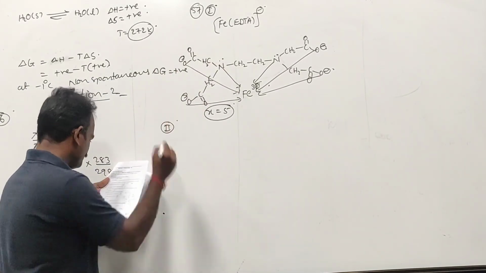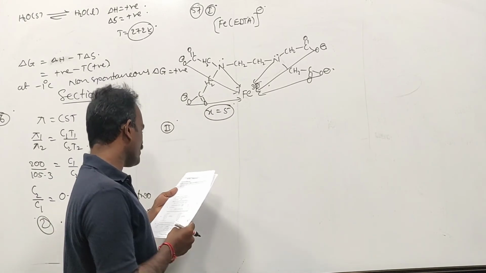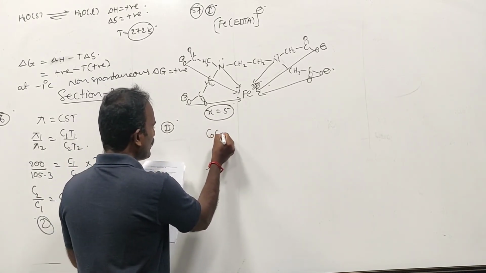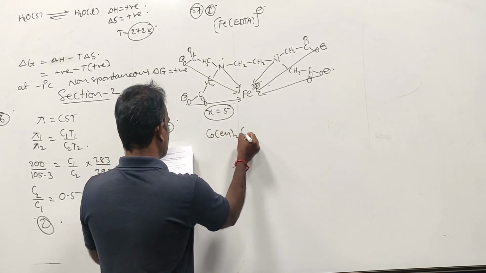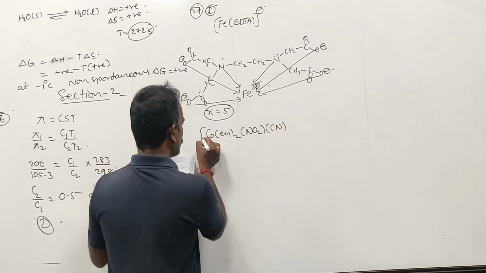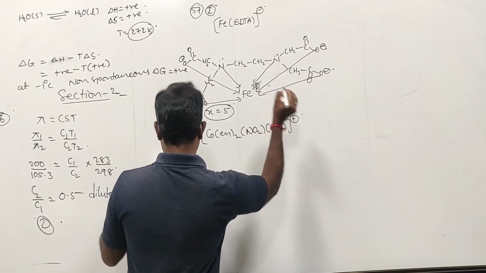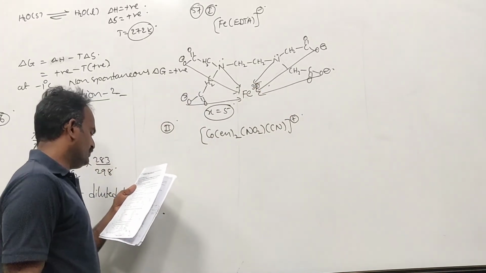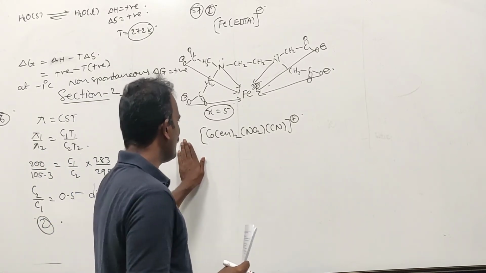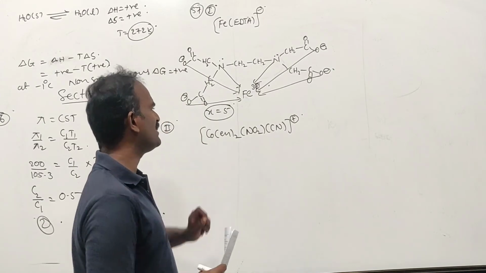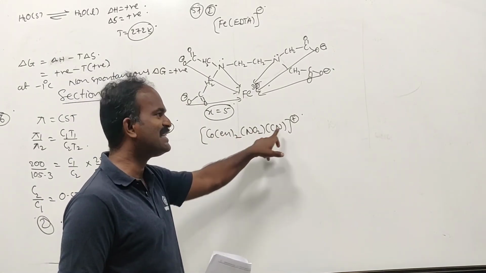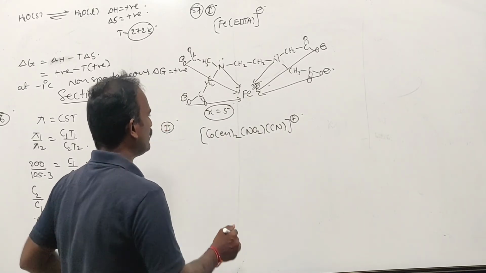Next, second one. Let the total number of isomers exhibited by the complex ion Co(en)2(NO2)Cl plus be Y. How many isomers are going to be possible for this? Now if you look at this one, this is going to be M(AA)2BC type.